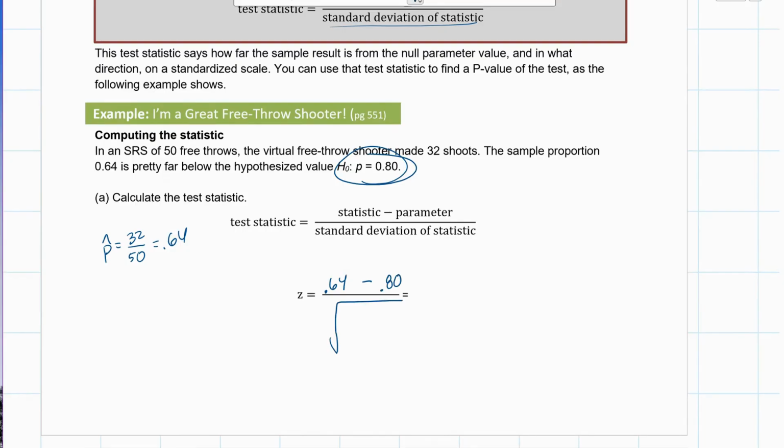And the standard deviation of the statistic was the square root of 0.8 times 1 minus 0.8 over the 50 shots. And if we throw that into a calculator, we end up getting negative 2.83. That we're below average is not a surprise, but we are almost 3 standard deviations below average.